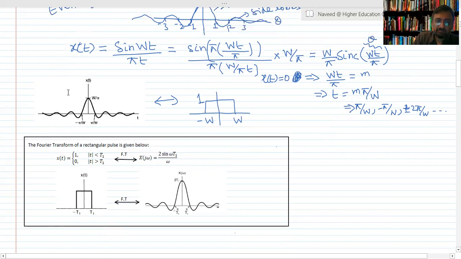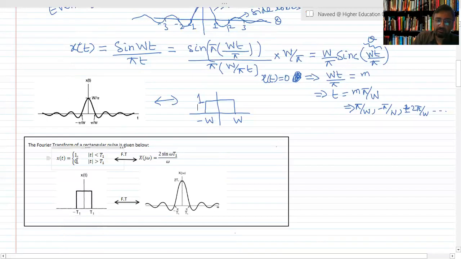So if we have a Sinc function in time domain, its Fourier transform is a rectangle. On the other hand, if we have a rectangle in time domain, its Fourier transform is a Sinc function. So there is an interesting duality between these Fourier transforms, and we will see that this duality holds in general. That's why whenever we compute the Fourier transform of any signal, we are in fact computing two Fourier transforms.